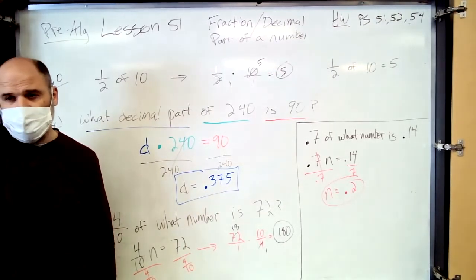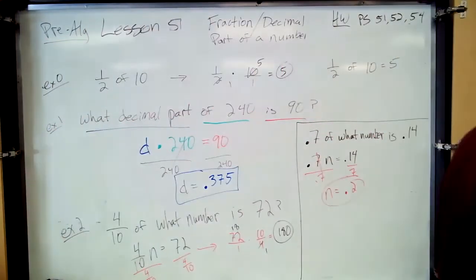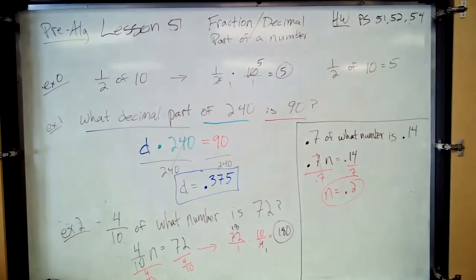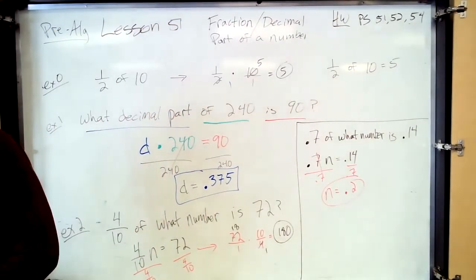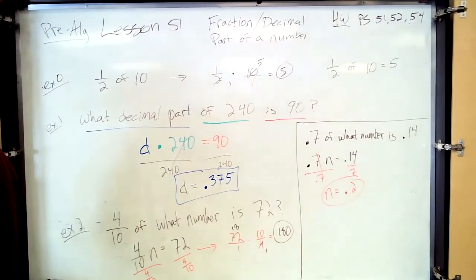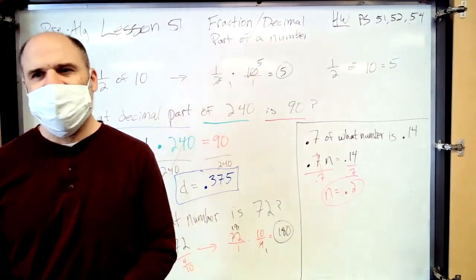Type that out: 0.14 divided by 0.7, not 7, but 0.7. And I got it. It's 0.2. You don't have to have that 0 in front. Does that make sense? Yes. Alright, next one.